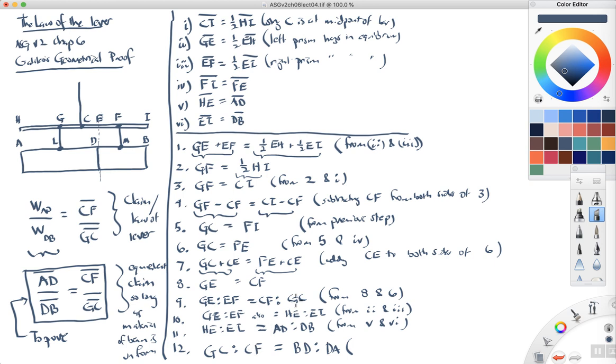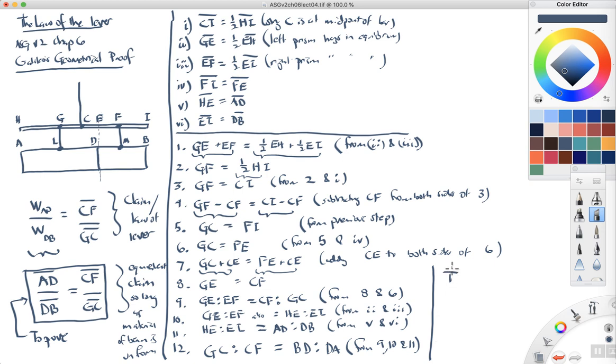Okay, so we're starting with this right here, it's equal to that, but that is equal to that, and that is equal to that. So we're putting all three of these together. So this is from 9, 10, and 11 to get this right here. And notice that this is exactly what we're trying to prove right here.